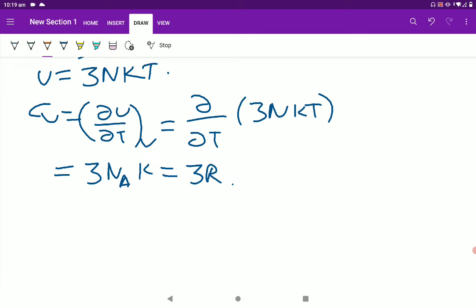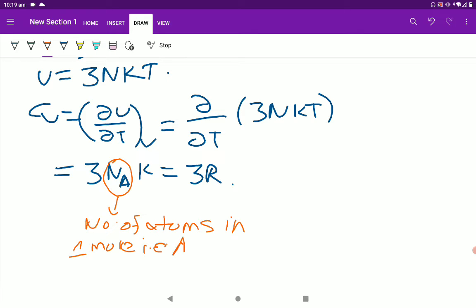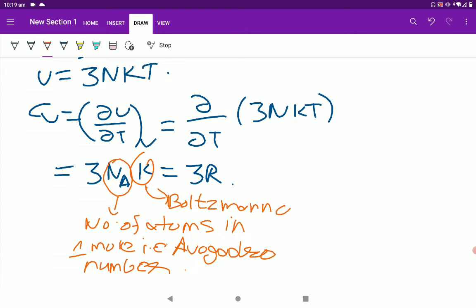Here Na is the number of atoms in 1 mole, that is the Avogadro number, and k is the Boltzmann constant, and here R is the gas constant.